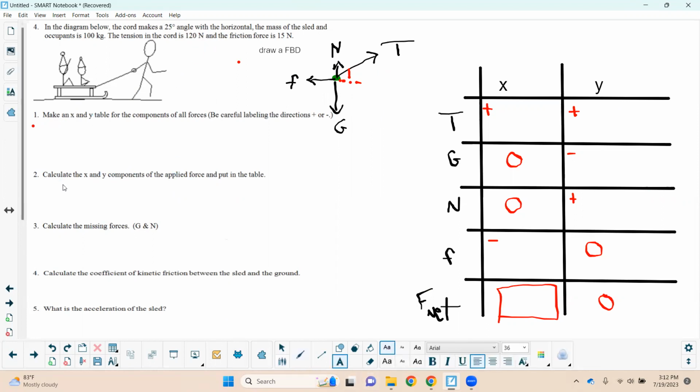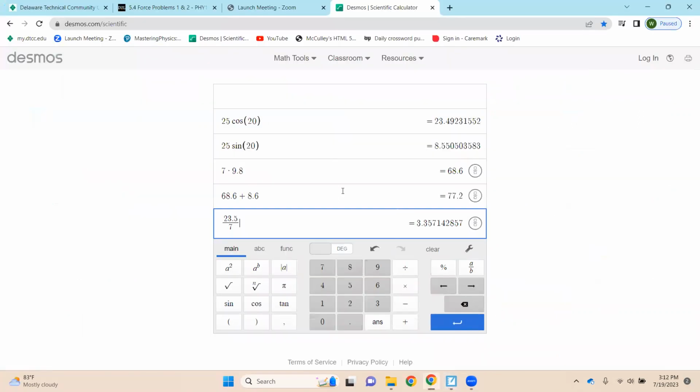To get the tension in the X, tension in the X would be 120 times the cosine of the 25 degrees. And then for the Y, I'll just type it out now. Ty is going to be 120 sine of 25. We've already filled in the positives or negatives up here, so we don't have to worry about that.